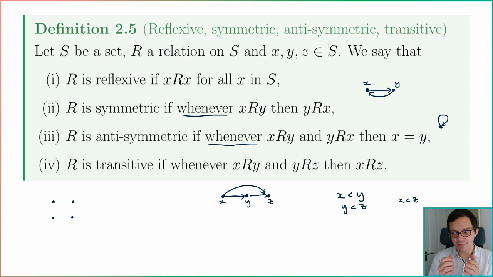We say anti-symmetric if whenever a chess player has beaten the other and the other has beaten the first, then it must be the case that we were just talking about one chess player playing against themselves. And I don't think that's true either, because I think there are examples of pairs of chess players where A has beaten B and also B has beaten A, and yet they are not the same person playing against themselves. I just think they've played a lot of chess games.